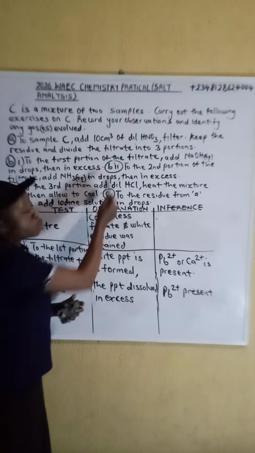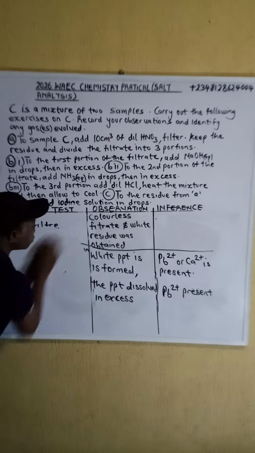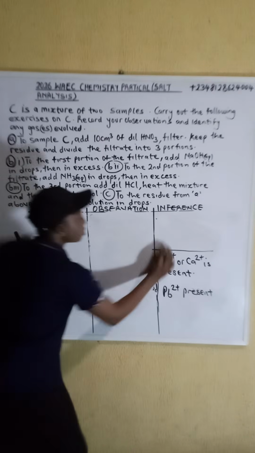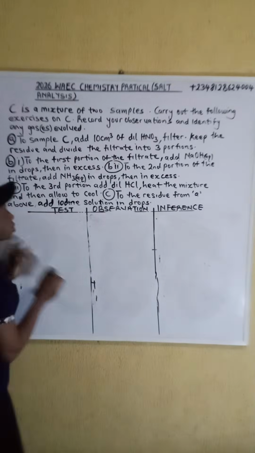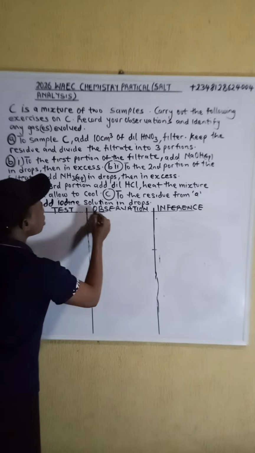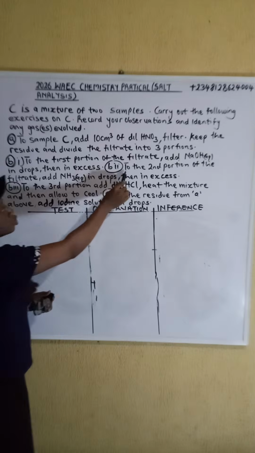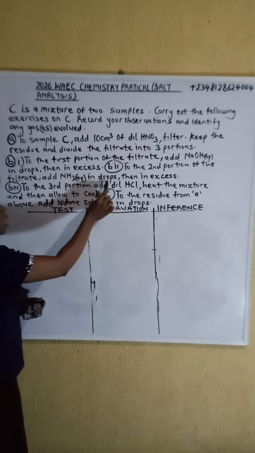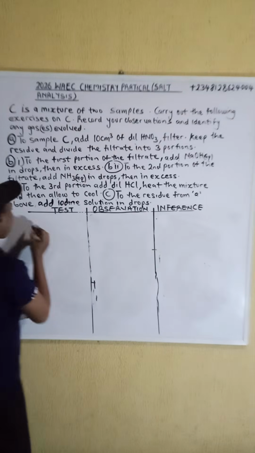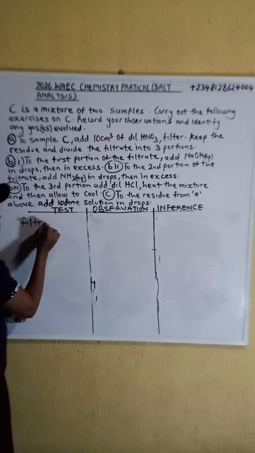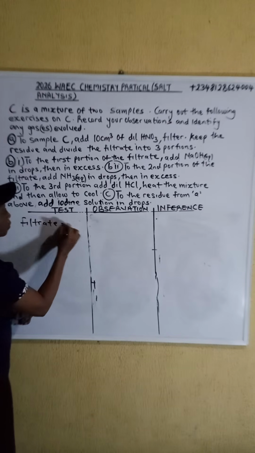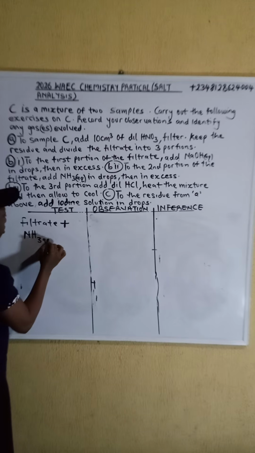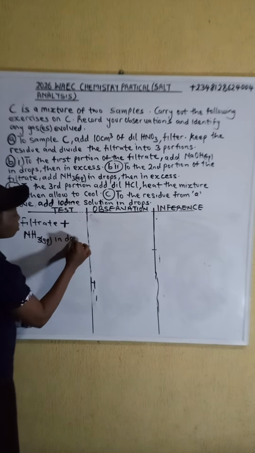Then let's answer question B Roman figure 2. B Roman figure 2 says to the second portion of the filtrate, add aqueous ammonia in drops, then in excess. Now we are going to say the second portion of the filtrate plus aqueous ammonia in drops.